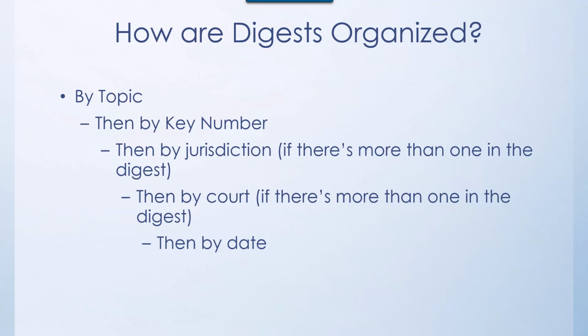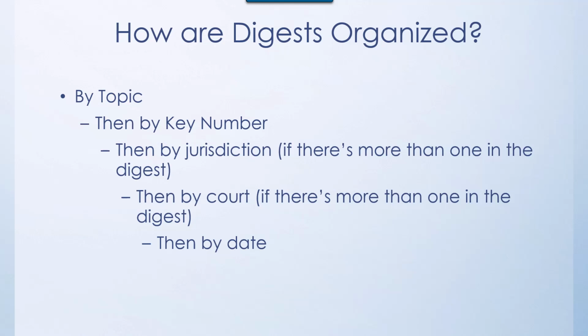So first you would find the volume or volumes that contain the topic you're looking for. Some topics are so large they take more than one volume. Now you would open that volume to the topic. Some volumes have more than one topic in them. So you would open the volume to the topic and you would find the topic analysis. You remember that outline of the topic death that I showed you in a previous video?